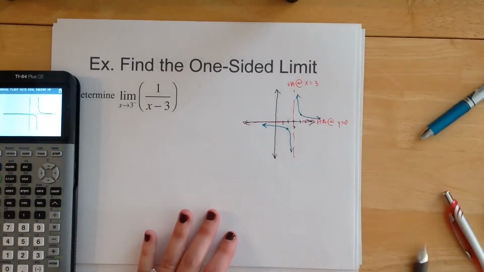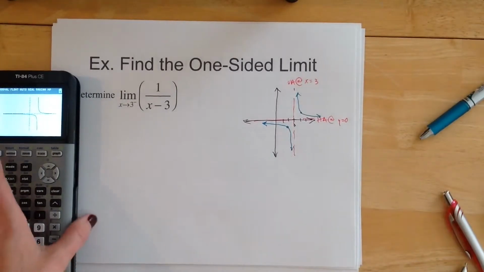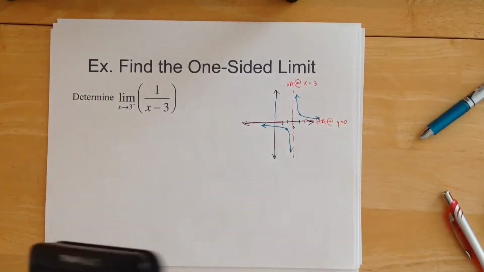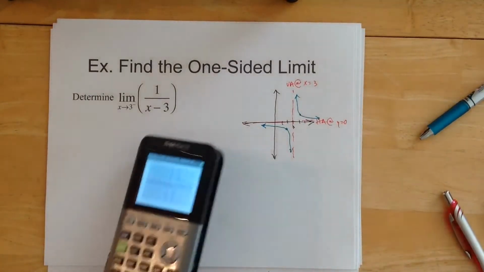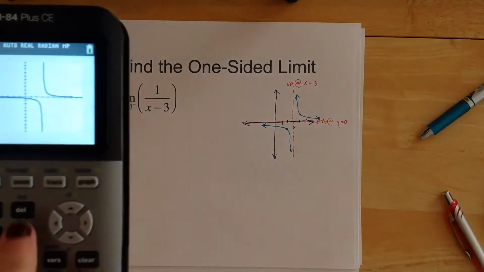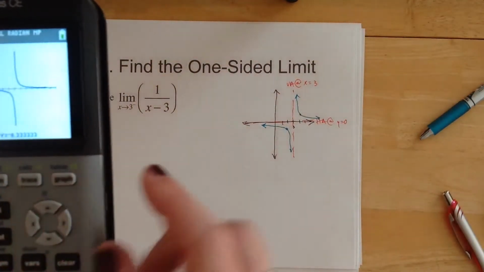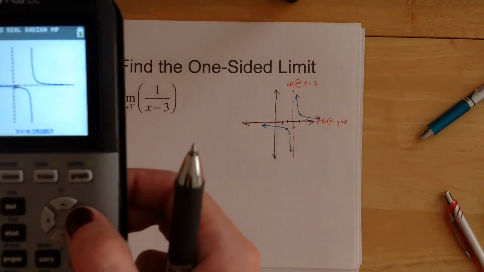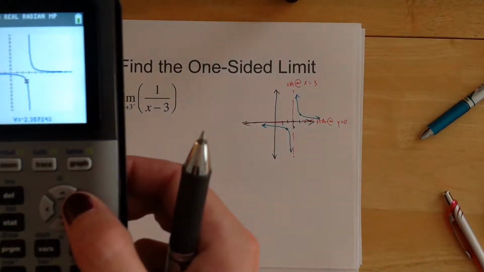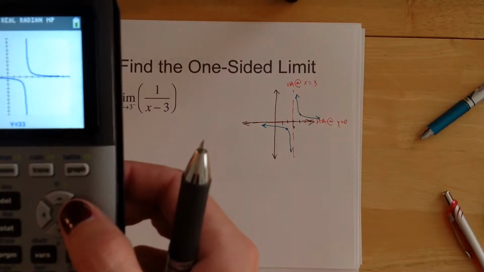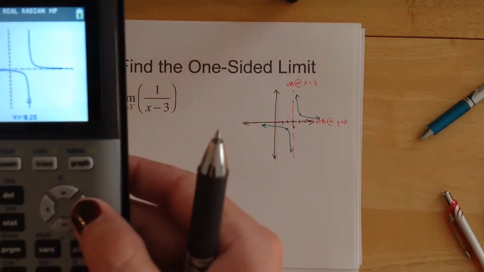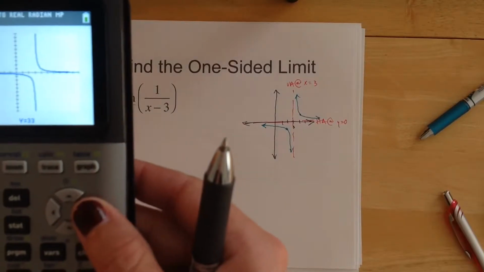Okay, this is where being really familiar with those common functions and knowing translations and transformations can come in handy. So as x is approaching 3 from the left-hand side, and we can even use the trace, if we just keep approaching 3 from the left side, our y values will keep getting smaller and smaller.